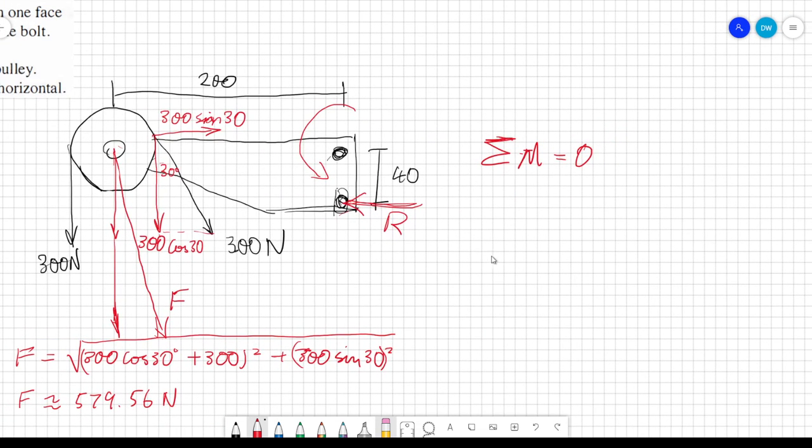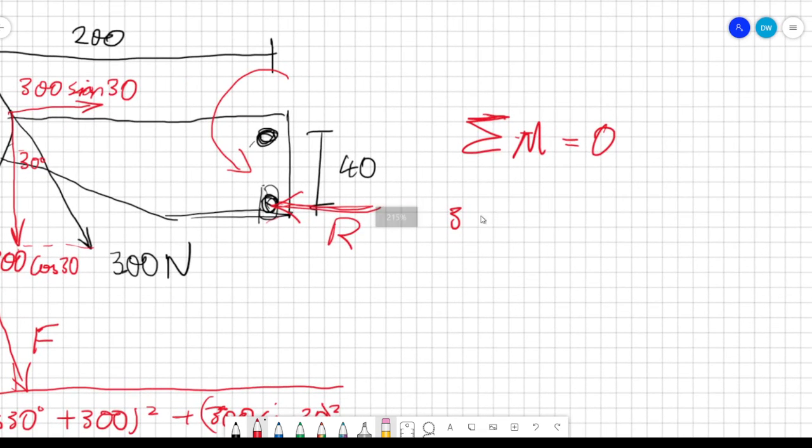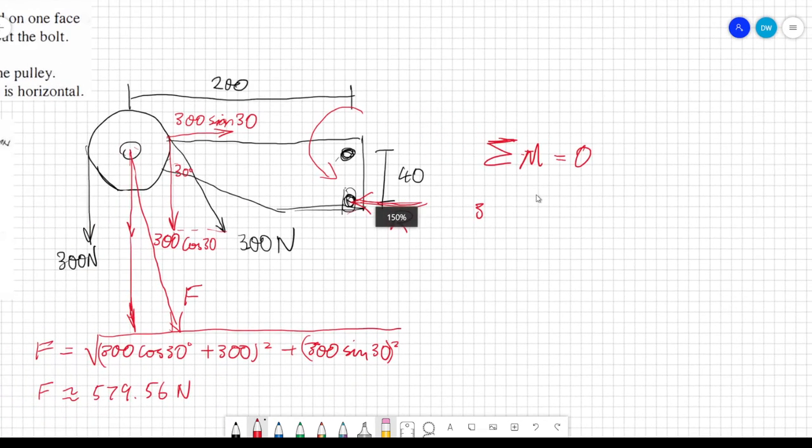So what does that mean? It means 300 plus 300 cosine 30. So the two vertical forces here, this is their sum.